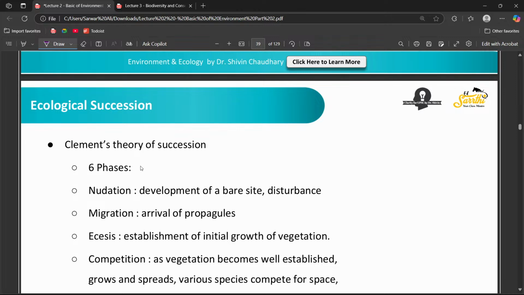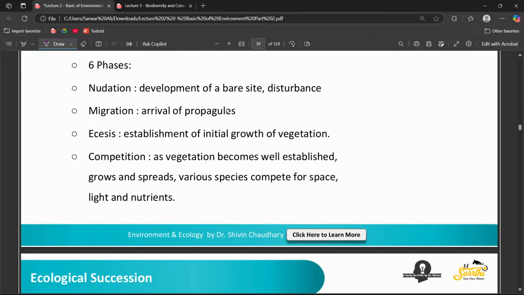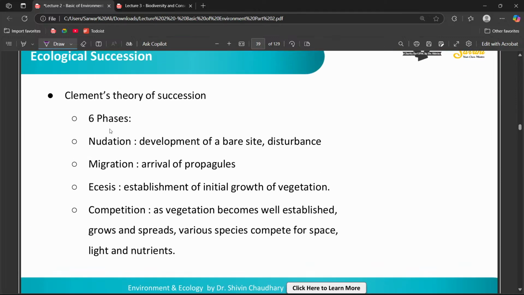Moving on to Clements' theory of succession. There are 6 phases in Clements' theory of succession. Nudation means bare, so development of a bare site or disturbance. Migration: there is arrival of propagules. Ecesis is the initial growth of vegetation.